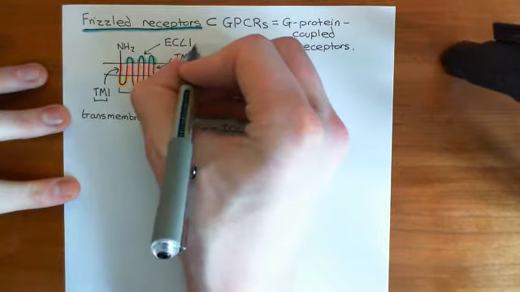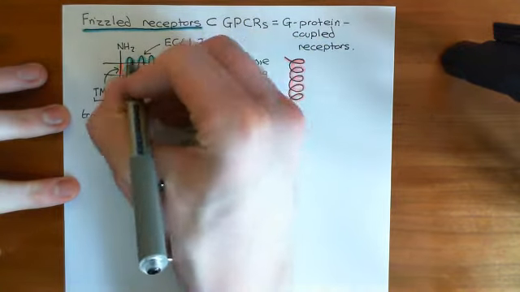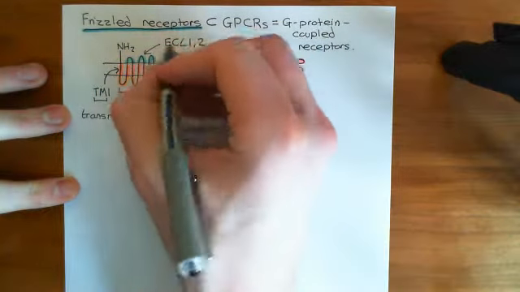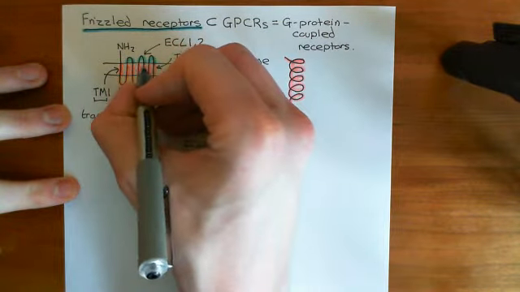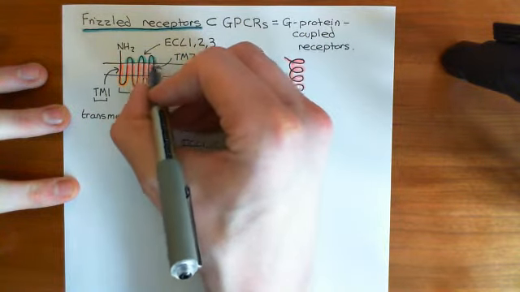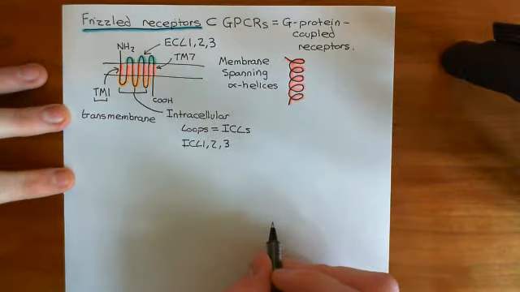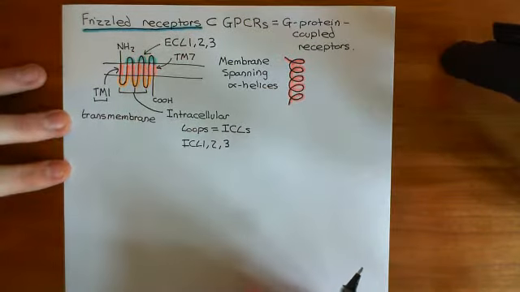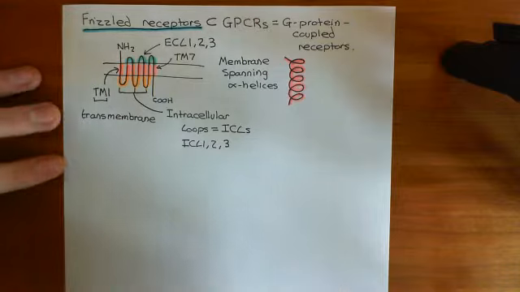There is extracellular loop 1, ECL1, which is between TM2 and TM3, then ECL2, which is between TM4 and TM5, and then ECL3, which is between TM6 and TM7. So that's the intracellular loops, the ICLs, and the extracellular loops, the ECLs.